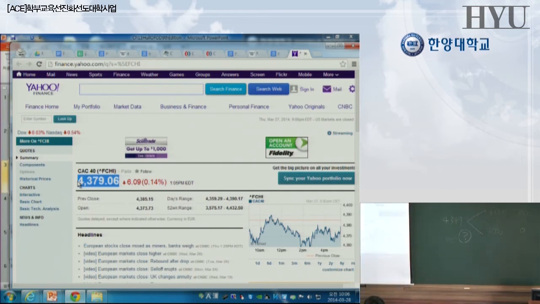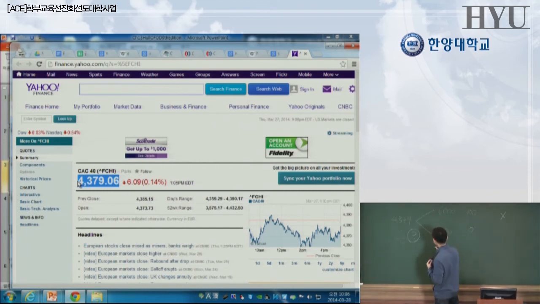Okay. But there is the unfortunate case that aliens don't visit and the stock price goes down. In this case, if you invest €1, your money becomes 4,000 over 3,279, right? So if you invest €1, it becomes either the up value, which is 6,000 over, or the down value.